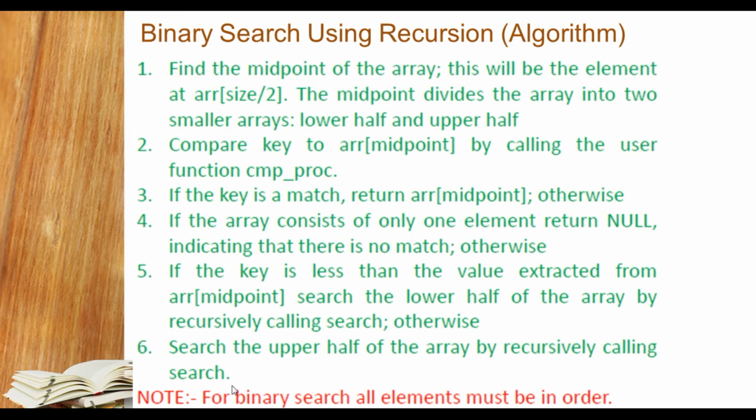Here is an important thing, student: while we are performing binary search in a list using recursion, every element should be in order, that is ascending order. Ascending order means from lower to upper values, that is, smaller values to greater values.